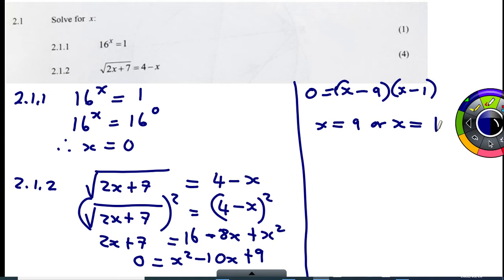Then put 1 here. 2 times 1 gives us a 2, plus 7 you get a 9. Square root of 9 is a 3. 4 minus 1 is a 3. Therefore, we reject the x equal to 9. Our answer will be x equal to 1. That's why you have to do a check.